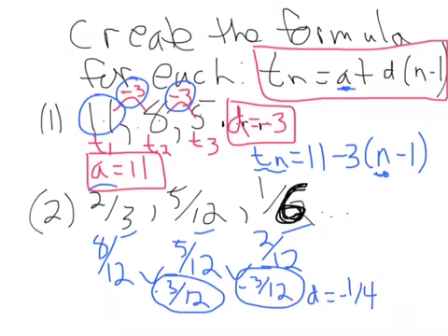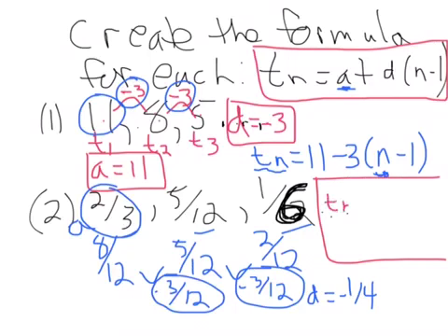We also know that the first term value, A, is 2/3. So our formula, if I write it here, is going to be Tn. And remember, we're going to look up here at this formula. Tn equals A plus D times n minus 1 in brackets.